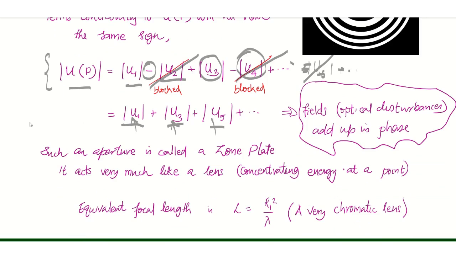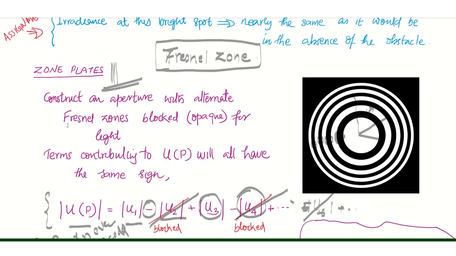These contributions are in phase. Therefore, they add up. If you don't physically mask them, UP can be 0 if n is even, and UP can be U1 if n is odd. Isn't that what we have seen?